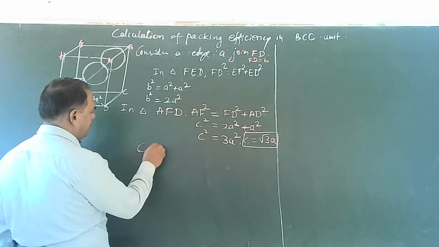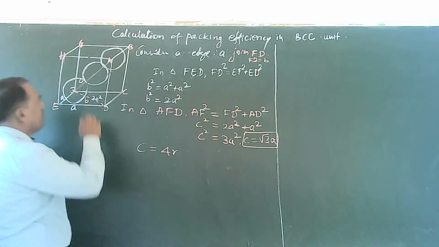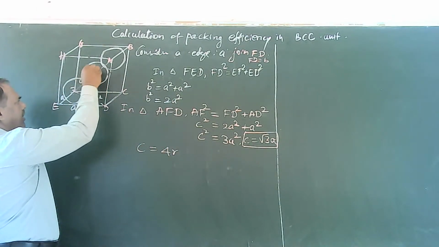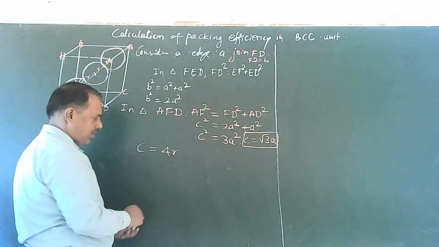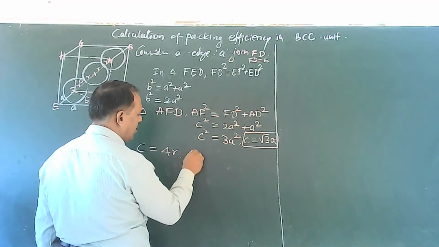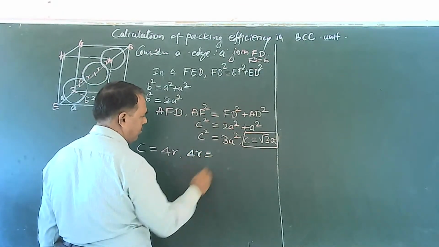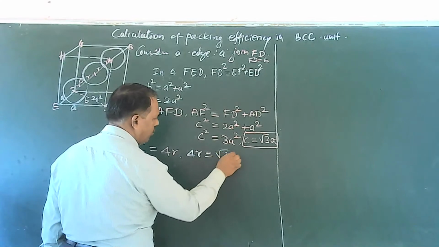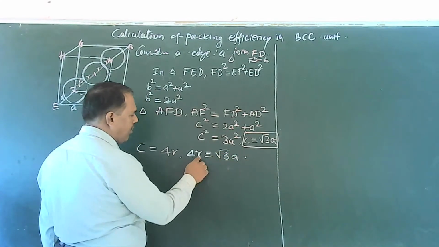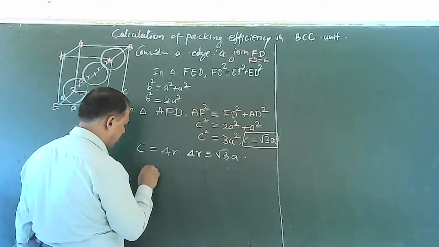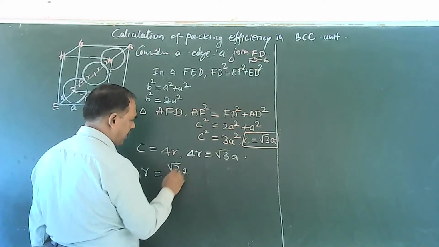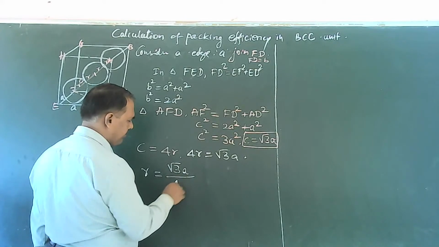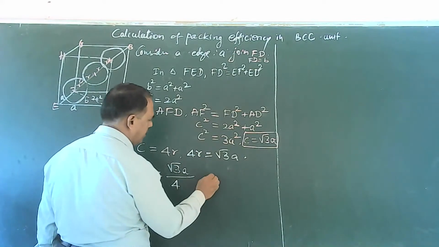So what about C? C is equal to 4R again. Very simple. So this is R, again another R. So totally C is equal to 4R. Now you got 4R is equal to root 3A. Now you got R is equal to root 3A by 4. What about A?